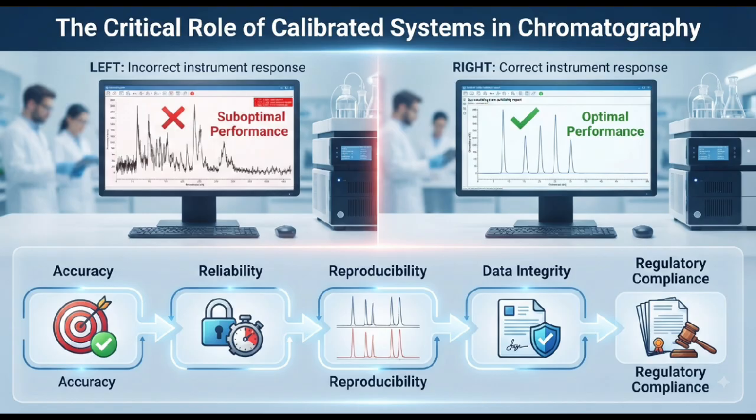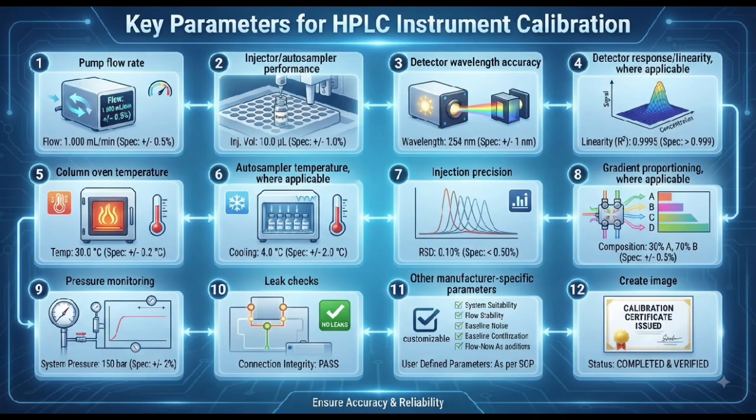Incorrect instrument performance can potentially affect assay results, impurity results, dissolution results, content uniformity results, and many other analytical activities. Proper calibration helps provide confidence that the instrument is performing consistently and within established requirements. It also supports regulatory compliance and data integrity.